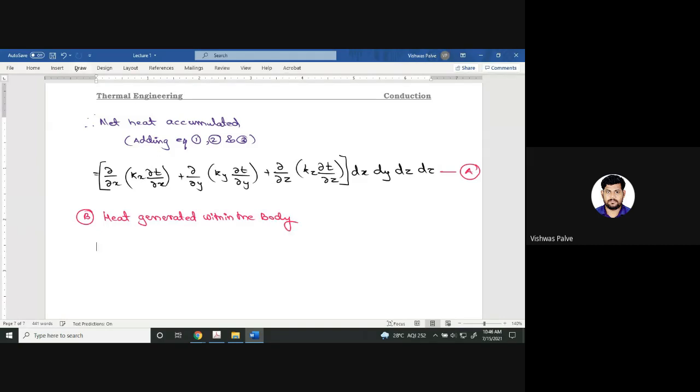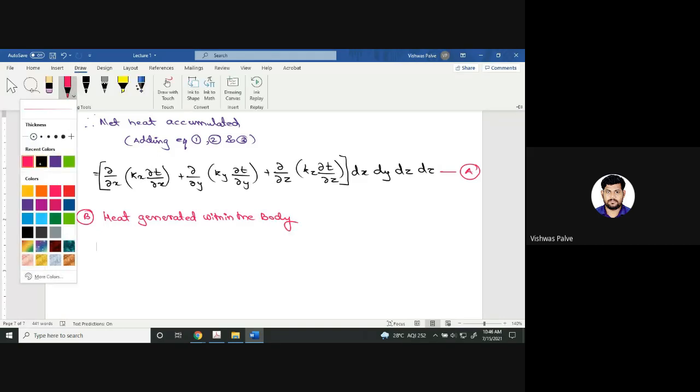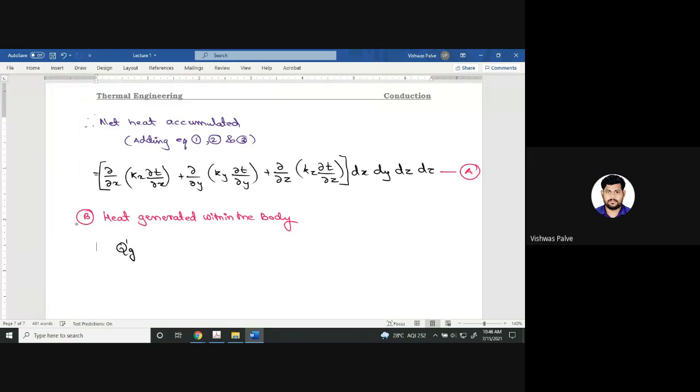That expression will be total heat generated, Q dash G is equal to the net heat generated per unit volume per unit time. So if I want total heat, then multiply by volume. Volume of that element is dx, dy, dz, and per unit time, so we are going to write d tau.